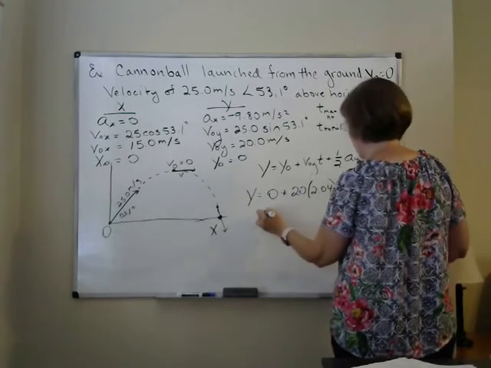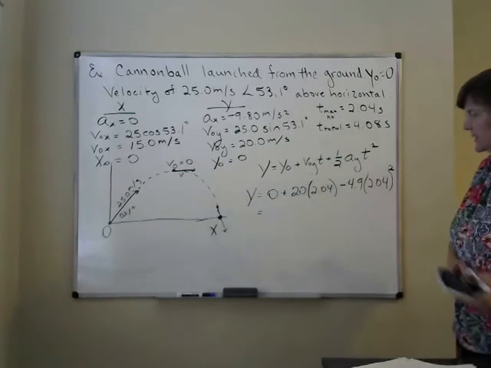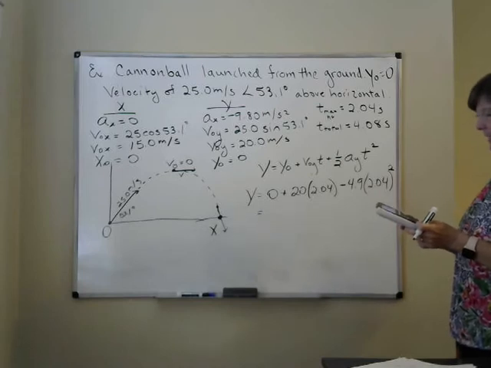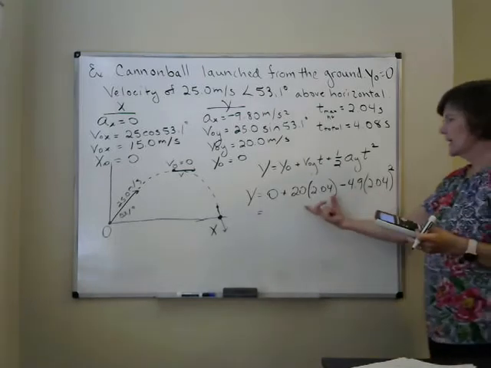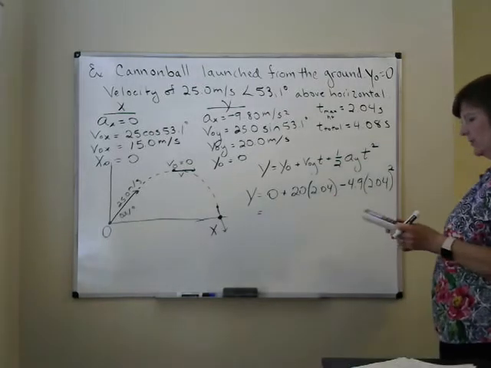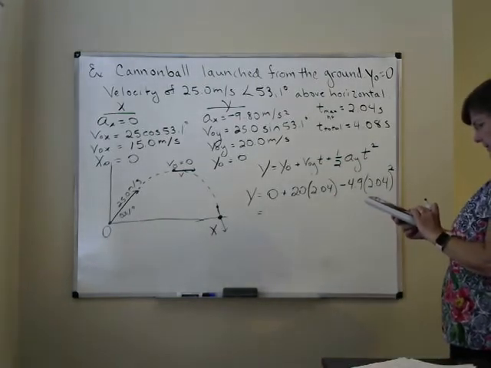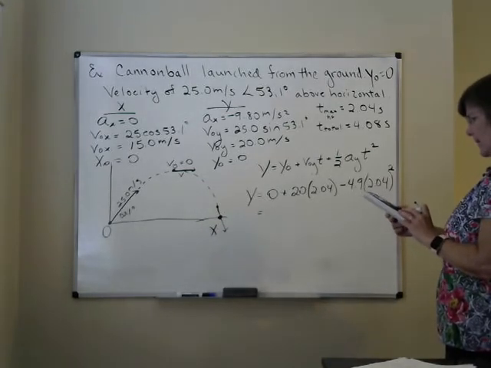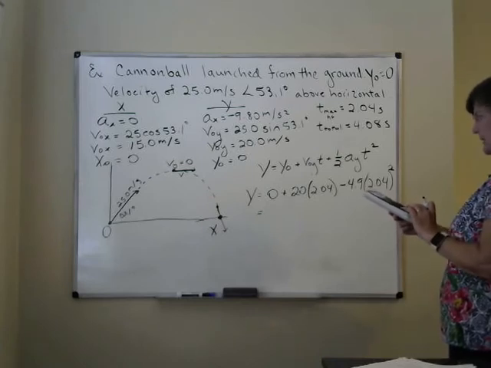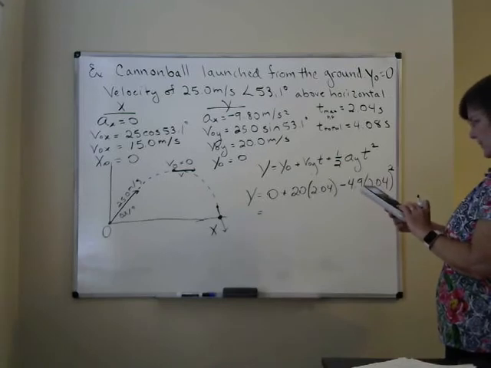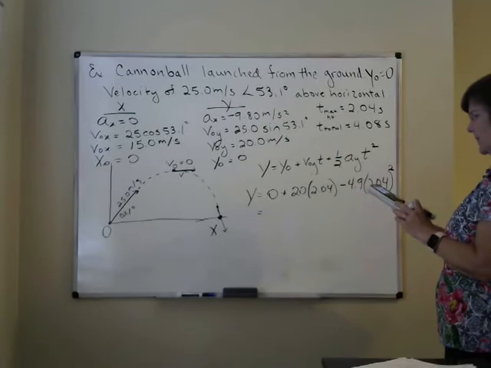I put that in the calculator. 20 times 2.04. Notice this part would tell you how high it would go if you could turn gravity off, if we got rid of acceleration, but we can't. I'm having trouble typing this one. 20 times 2.04 minus 4.9 times 2.04 squared.